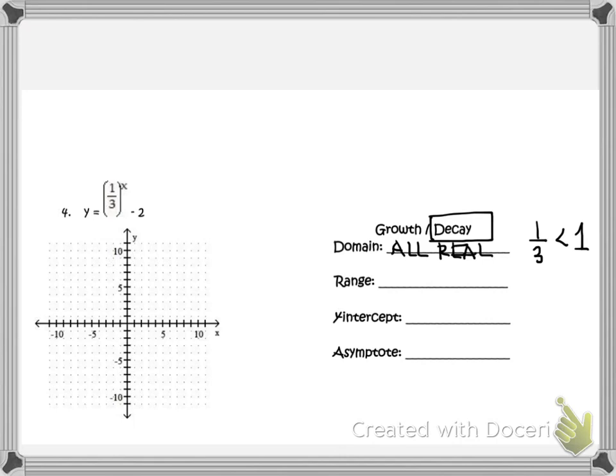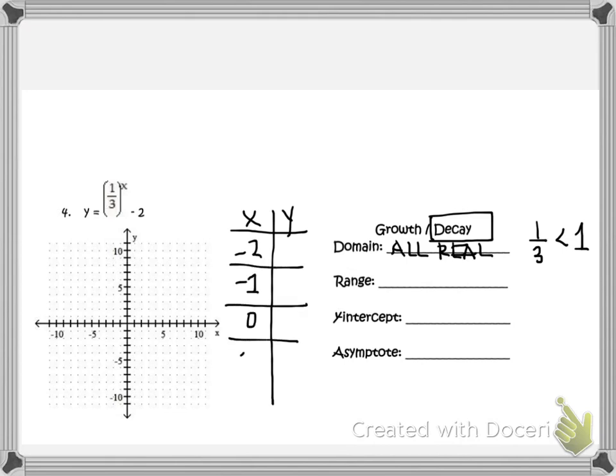Okay, so now we need to graph, so we like to plug in those values. So -2, -1, 0, 1, and 2. You could have chosen -10, -5, 0, 5, 10. Doesn't matter what you plug in. Okay?